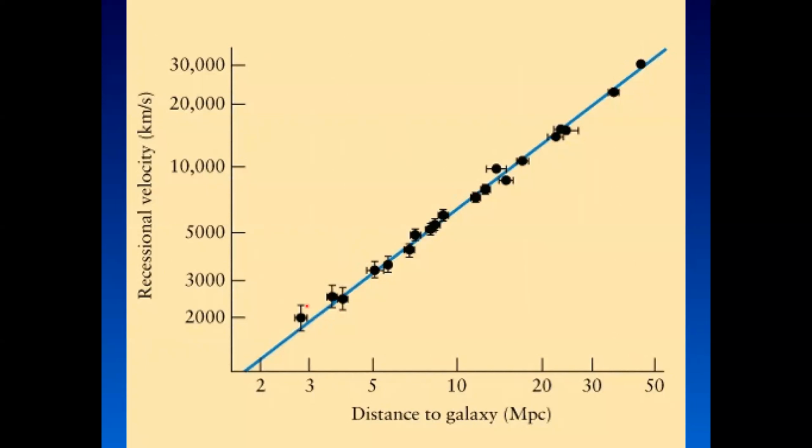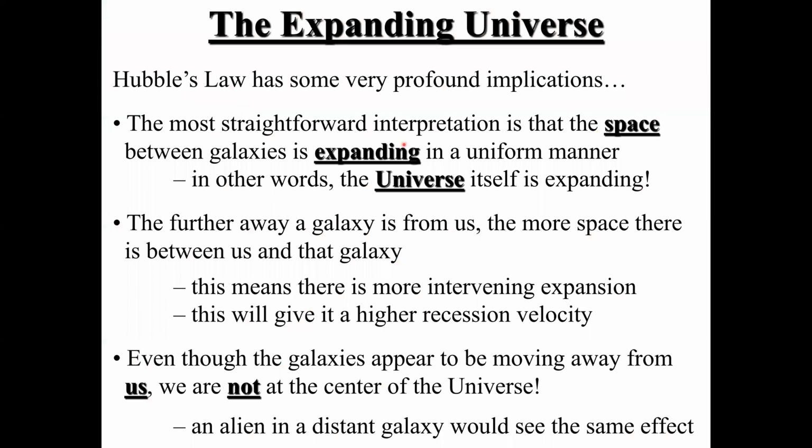Now, this effect is not due to the gravitational effect between galaxies, right? From the gravitational effects, we would expect that all the galaxies would move towards us, right? But there is something else going on. And that is what we call the universe expanding. And the evidence comes from this Hubble's relationship.